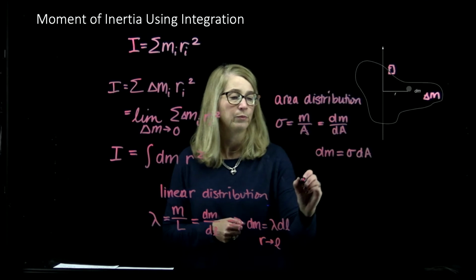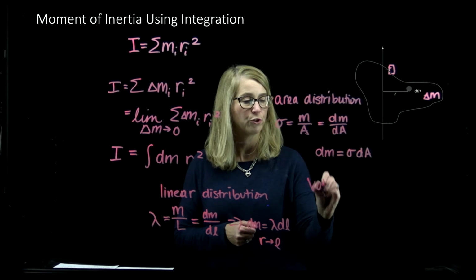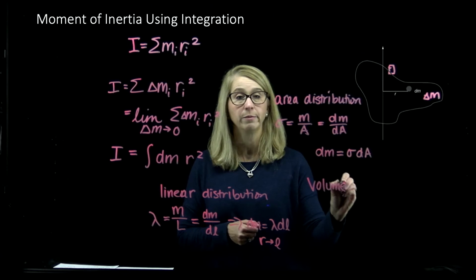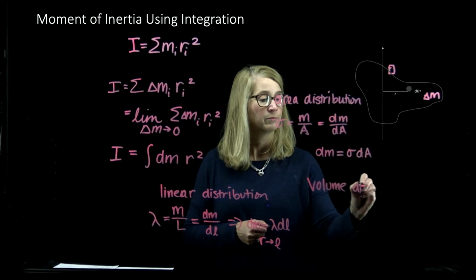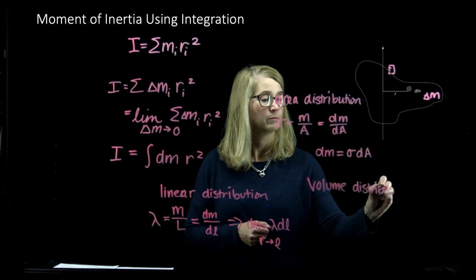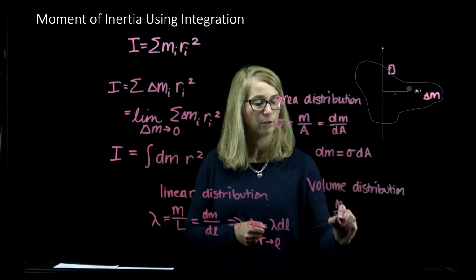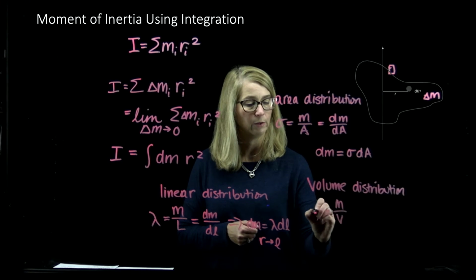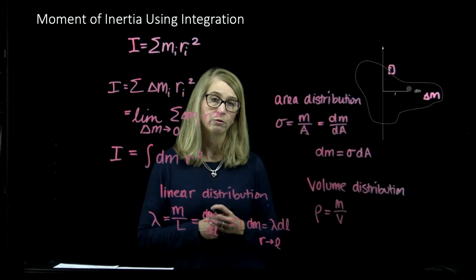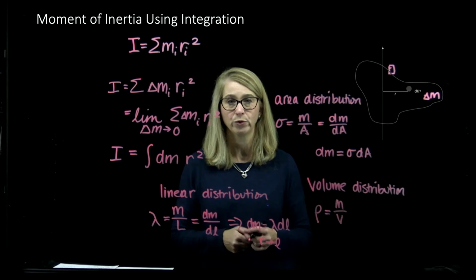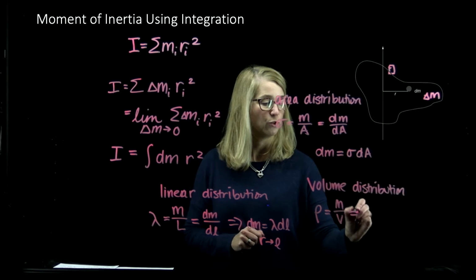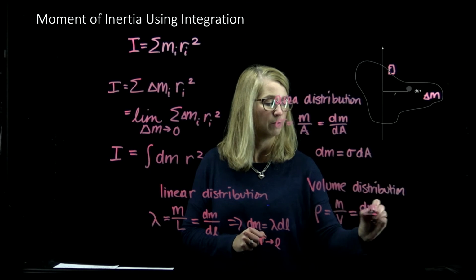And finally, we could have a volume distribution. So we could have a three-dimensional object, so that our mass is distributed over the volume. Typically, we use the Greek letter rho to represent that, same as we use for density. And if it's uniform, we can just write dm over dv.